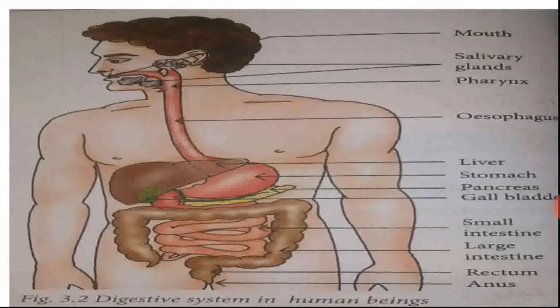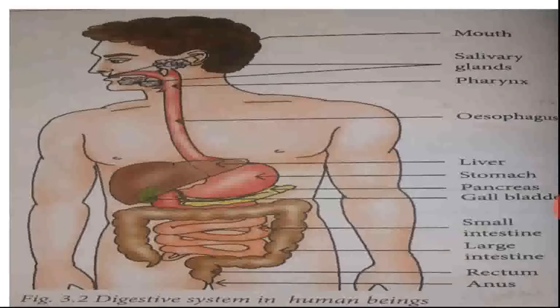They produce digestive enzymes that help in the process of digestion, as you have learned that enzymes are required. The conversion is brought about in the presence of certain compounds called enzymes. So they are producing those compounds, which are called enzymes.